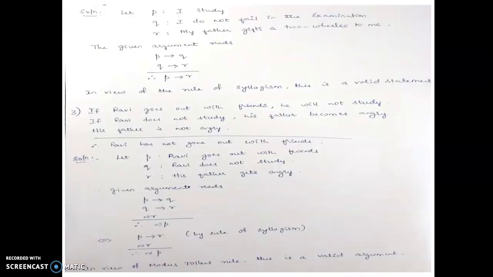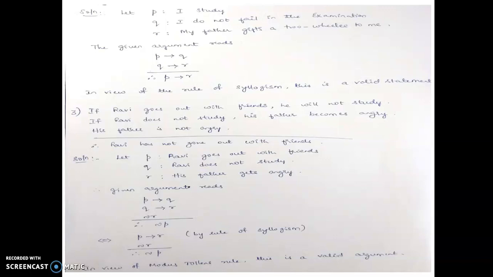Since there are three statements, we have three propositions, that is P, Q, and R. First one, I study, is assigned to P. Q, I do not fail in the examination, is assigned to Q. My father gives a two-wheeler to me.